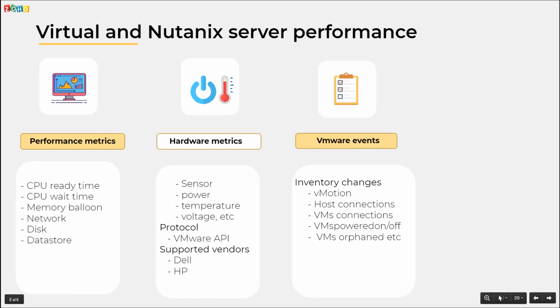After the hardware metrics comes the VMware events. In case you want to get an alert whenever a host goes down, or whenever a VM is orphaned, or whenever a VM is powered on or off, we have various VMware events which you can associate and add into the monitoring.